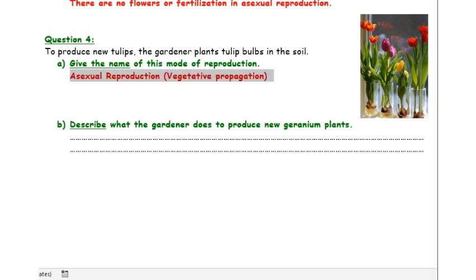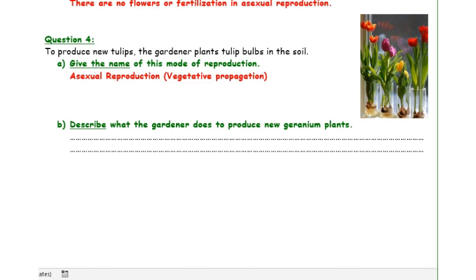Describe what the gardener does to produce new geranium plants. Okay, I already said in the lecture video and also now that the mint plant and the geranium plant are examples of plants that grow new plants from the parts or from the cuttings of the mother plant.